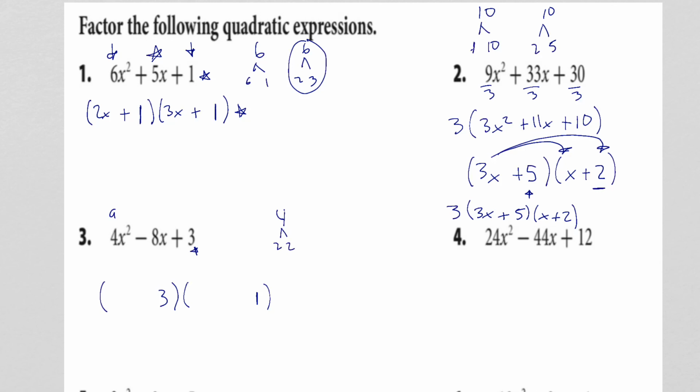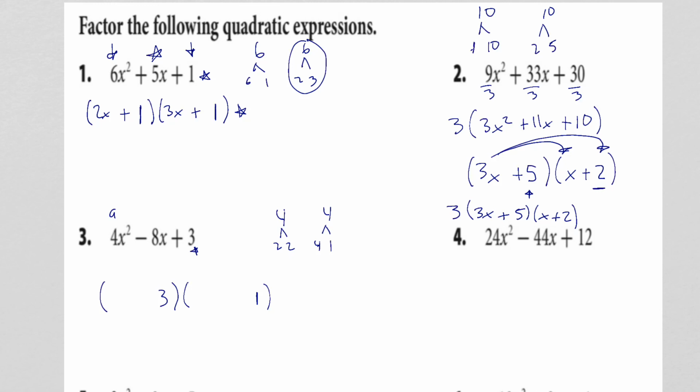Well, we've got 2 and 2. We've got 4 and 1. And I'm trying to add up to a negative 8. So one of my terms, one of my operations here and here is going to have to be negative, and possibly both of them. So let's see what would happen.